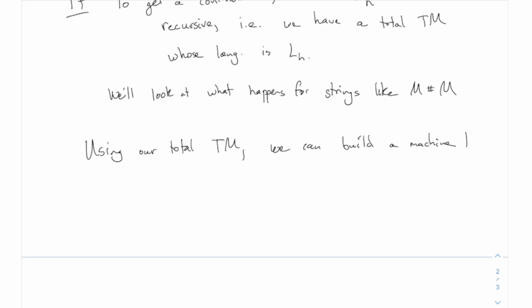All right. So what we can do is we can build another machine, which I'm going to call H. This is actually not possible to do. We're arguing to get a contradiction. So this machine H is actually not possible.